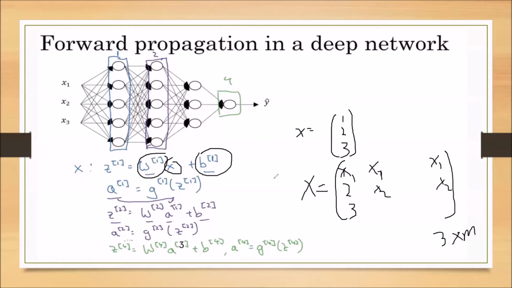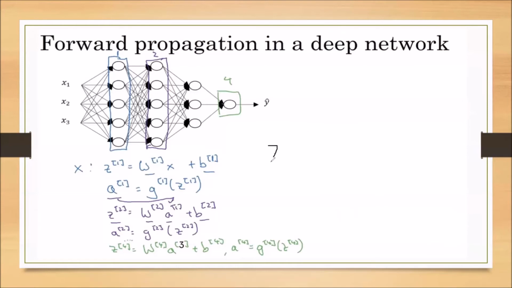Because the capital X matrix is changed to a 3 by M matrix, depending on that, the capital Z also changes. Because the capital Z is changed, capital A is also changing. Now how is the Z changing? Now the capital Z is nothing but the activation units Z. For example, if I take the first layer, activation units are 5.